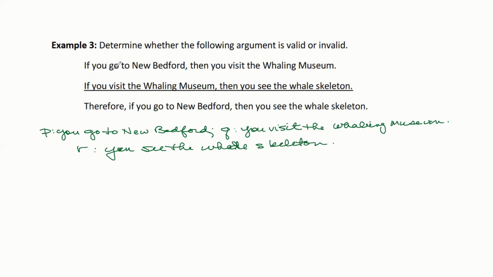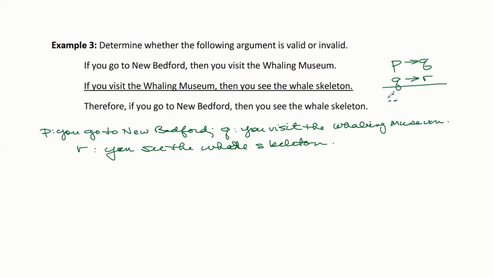So we have if P, then Q, which we write P implies Q, or P arrow Q. Then we have Q implies R, or if Q, then R. And for our final, we have therefore, so our three dots.